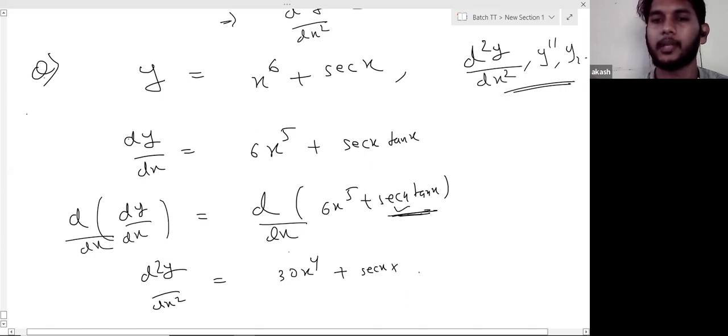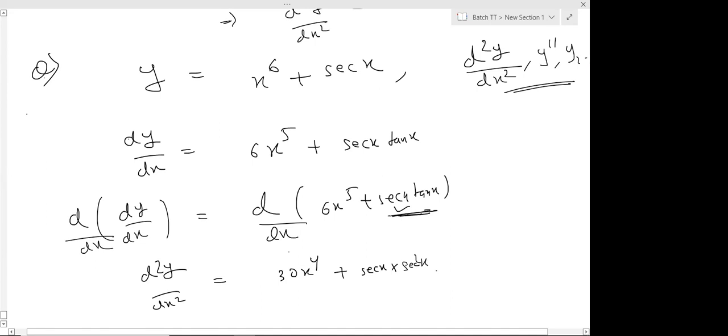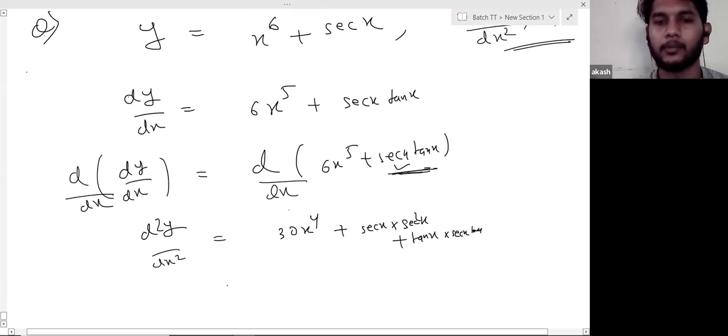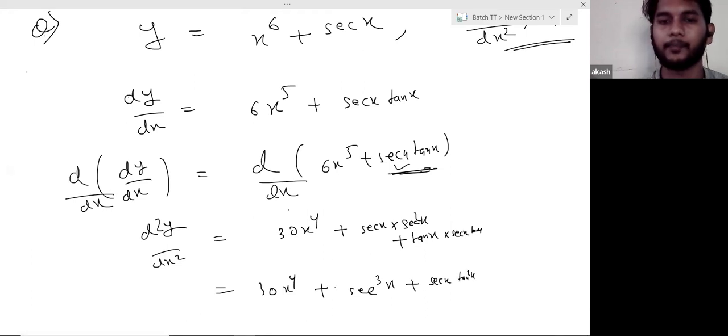What is differentiation of tan x? Sec square x. Plus tan x into differentiation of sec x, which is sec x tan x. So this is 30x raised to the power 4 plus sec cube x plus sec x into tan square x.